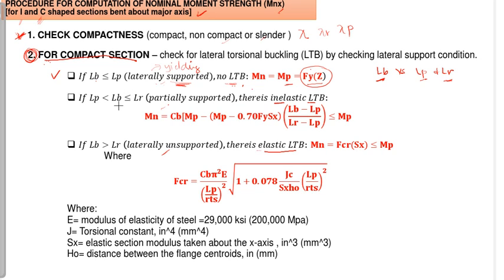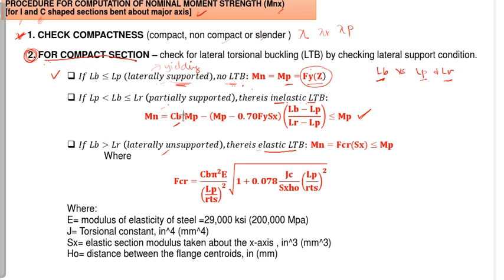If Lp is less than Lb and if Lb is greater than Lp but less than Lr, meron tayong partially supported and there is an inelastic LTB. So yung Mn natin, gagamitin nating equation to solve for Mn is this equation. So ito yung magiging equation natin for Mn. So we have Cb, yung gradient multiplier natin.